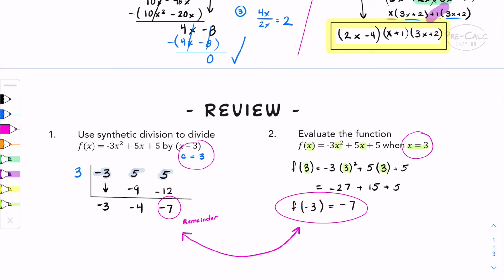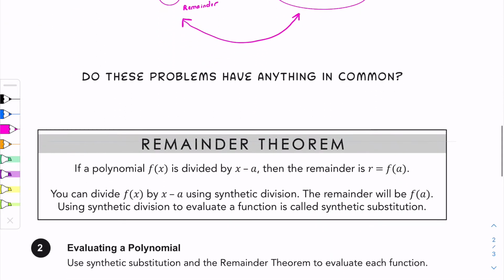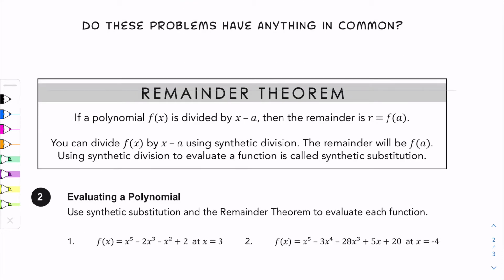So you're getting 2 of the same answers, but completing the problem 2 different ways. So this leads us into the remainder theorem. The remainder theorem says that if you divide a polynomial by a linear expression, such as x minus a, the remainder will be the same as evaluating the expression at a.